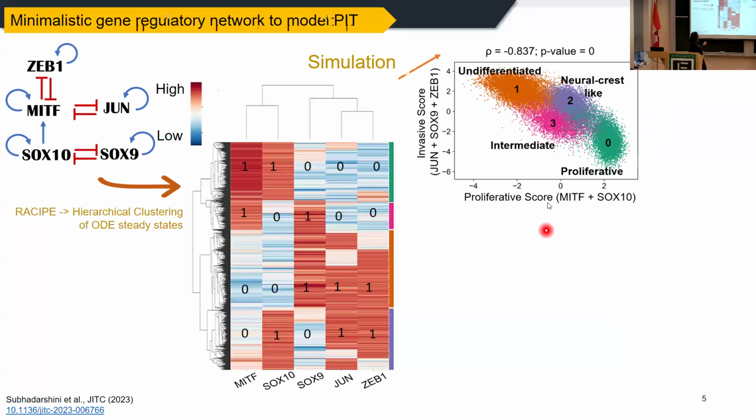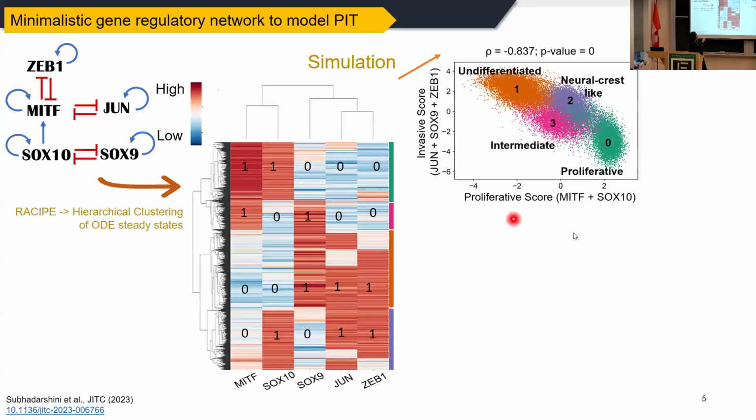Then you project all of these solutions in a proliferative-invasive space. If you look at the green cluster, which is high in MITF and high in SOX10, that's the most differentiated phenotype, or more proliferative. But if you look at the orange cluster where you have MITF low, SOX10 low, but the other 3 invasive master regulators on, which are SOX9, JUN, and ZEB1, you get something undifferentiated, or the most dedifferentiated cluster.